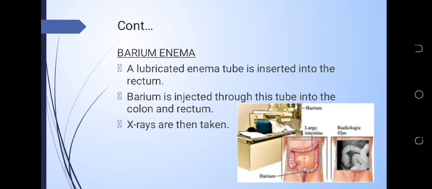And then we have the barium enema. A lubricated enema tube is inserted into the rectum. Barium is then injected through this tube into the colon and the rectum. Then X-rays are taken. So the barium enema will show us the lower GI tract organs.